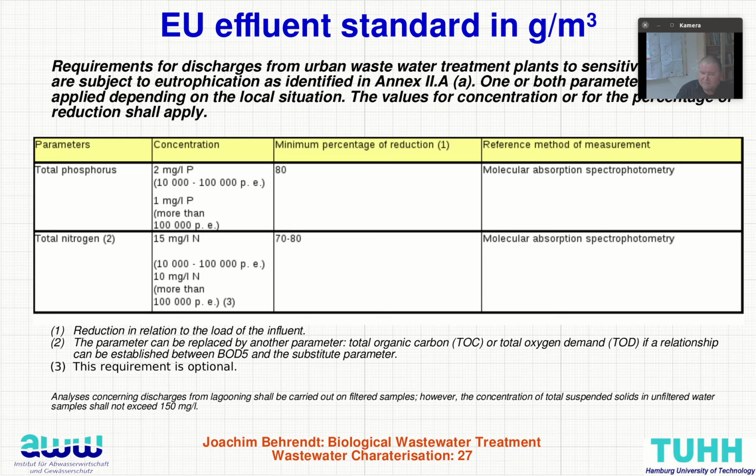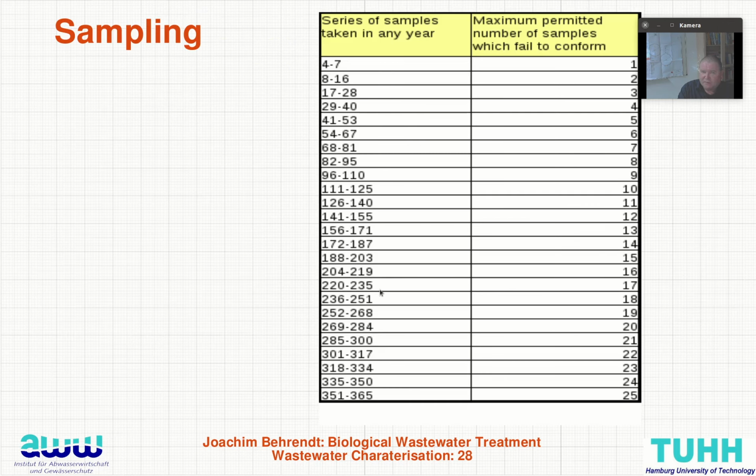This depends, but very important is how to make the sampling. In the EU directive, there is a 24 hours mean value, and depending on the size, there are sample days foreseen. For example, if you make a sample every day for a big wastewater treatment plant, you are allowed in 25 days to have higher values.